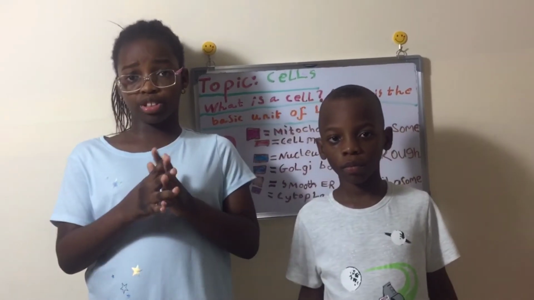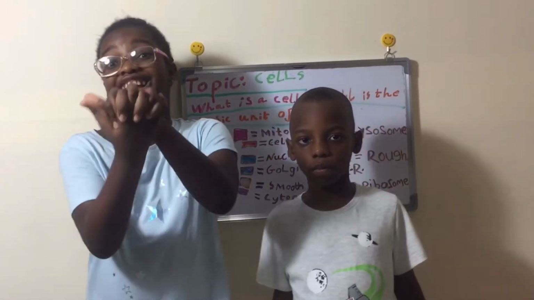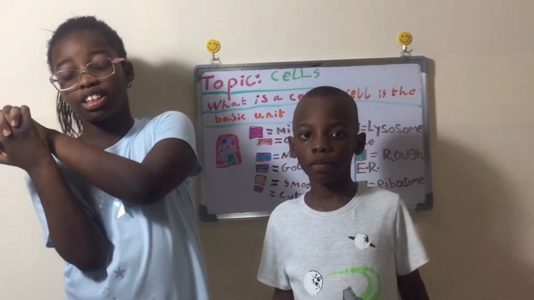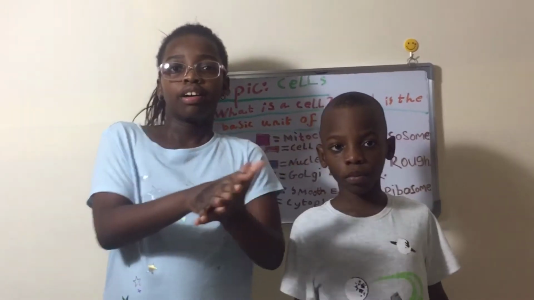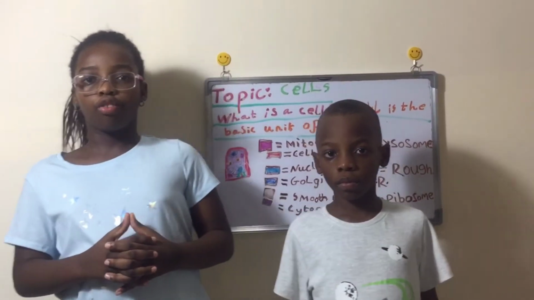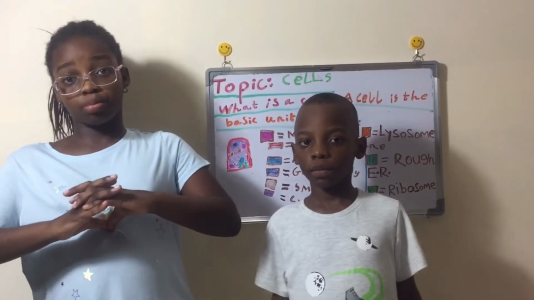Plus, watch our immune system video so that you can understand all of this, because most of the things we need to tell you are in that video. Also watch our photosynthesis video to learn more about the ATP energy that the flowers make.